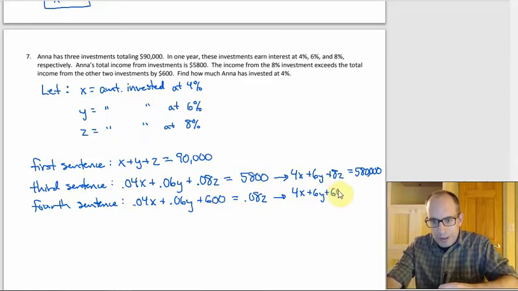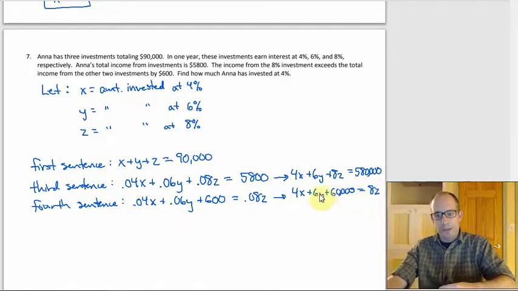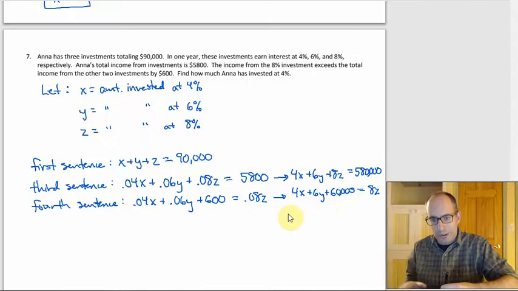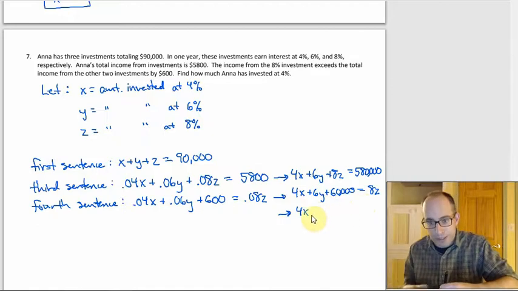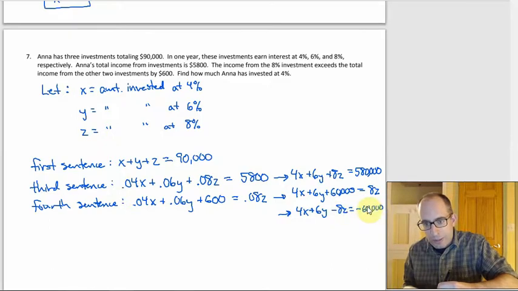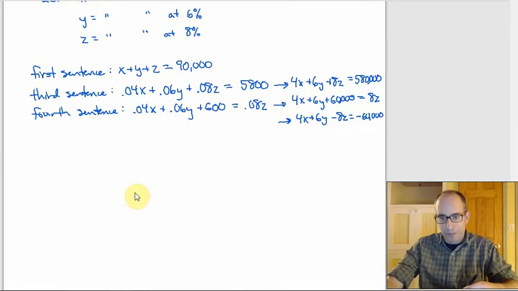And then, something looked off, so yeah, plus 60,000 equals 8z. But usually you would write this with the z term over on the left and the number over on the right. So I'm going to rewrite that one and just move both of those at the same time. So subtract 8z from both sides and subtract 60,000 from both sides. You'll get 4x plus 6y minus 8z equals negative 60,000. Okay. That's actually going to be pretty useful.